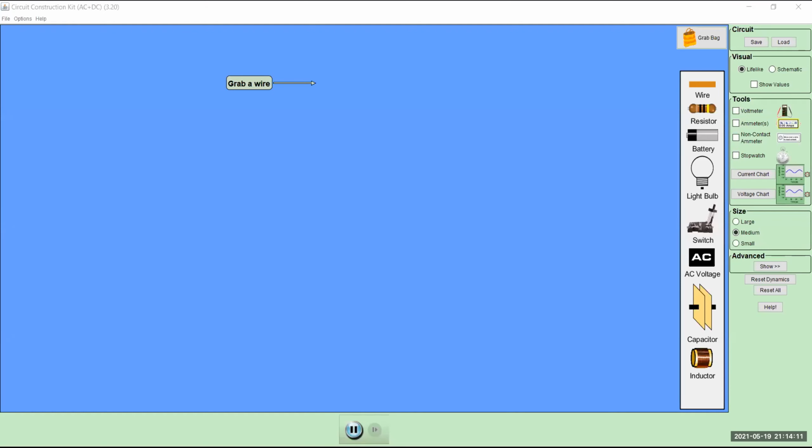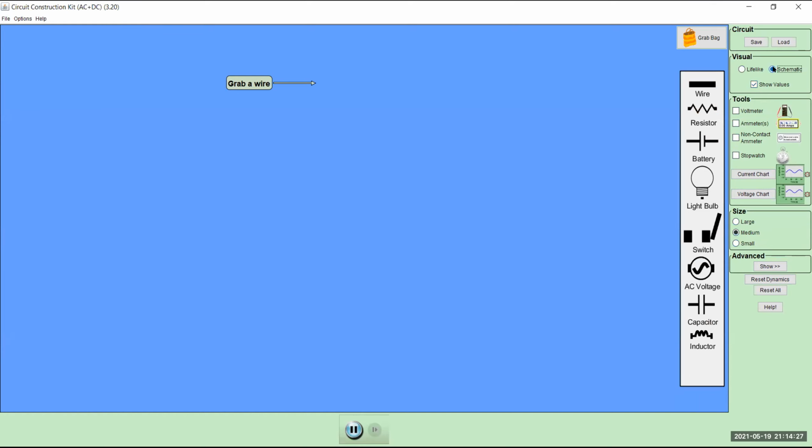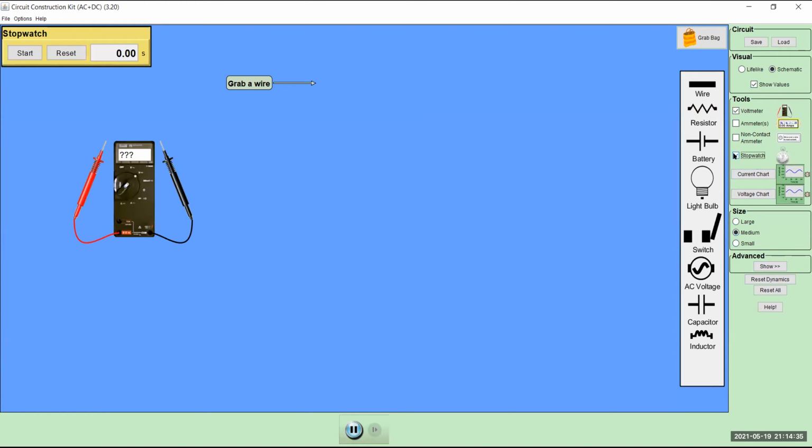Okay, so now for this lab, you need to use that jar file that is attached with this lab. Please set your lab as seen on the screen. The first thing in here is show value. I'm going to click on that and change it to schematic. I'm going to pick up the voltmeter because we will need that, and a stopwatch because we will need that.